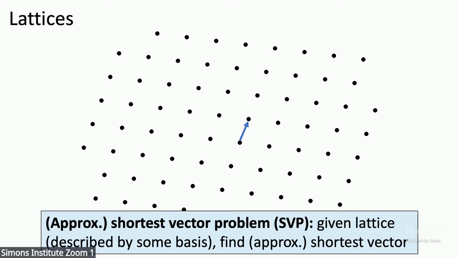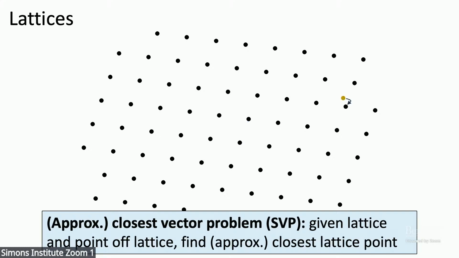So I believe this is the shortest vector in that lattice. And then the other problem, and shoot, there's a typo, that should be CVP, is the closest vector problem. Here you're given a point, and your goal is to find the closest lattice point, or at least a lattice point that is somewhat close. That's CVP. Okay, so these are the two hard problems in lattices that we care about.